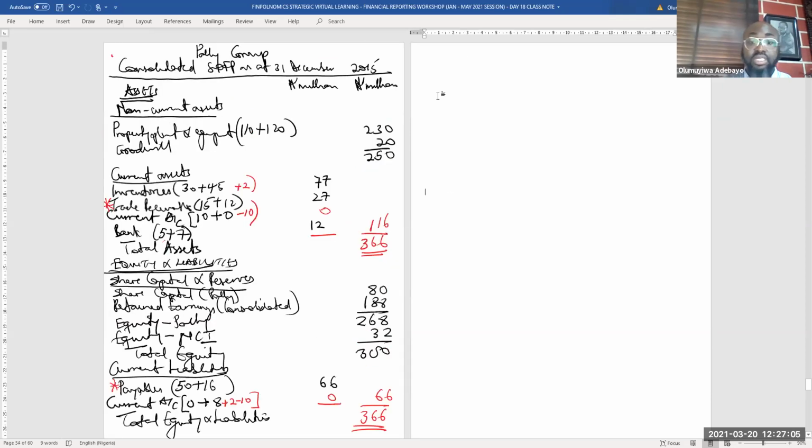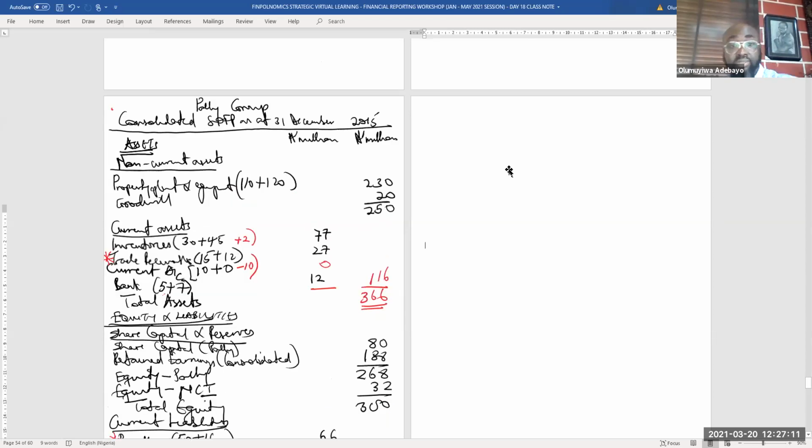If I decide to copy the former balance sheet and put it at the side, you'll see where the difference lies.